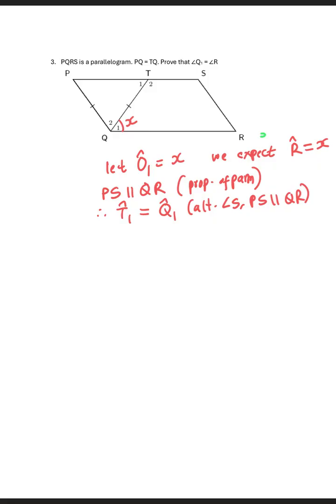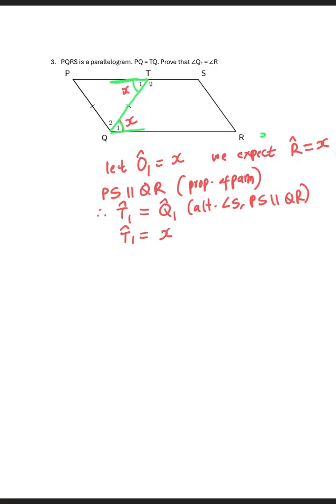We can see the Z shape. This angle and this angle, they are alternate, as you can see. Therefore, angle T1 is equal to X. So we can put X there, right?